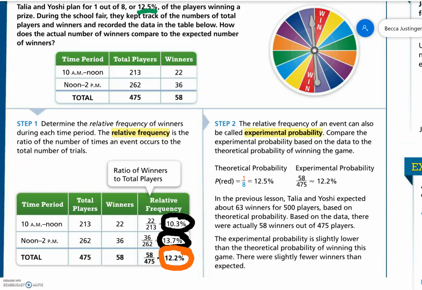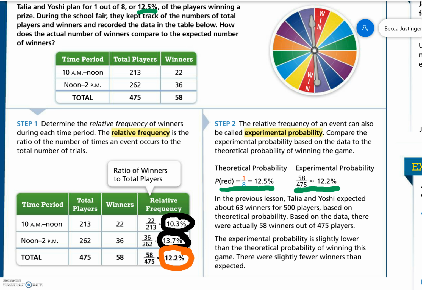So the relative frequency of an event can also be called the experimental probability. Compare the experimental probability based on the data to the theoretical probability of winning the game. So theoretically, you would win 12.5%. Experimentally, they won 12.2%. So in the previous lesson, Talia and Yoshi expected about 63 winners for 500 players based on the theoretical probability.